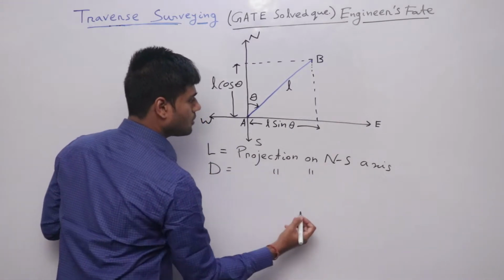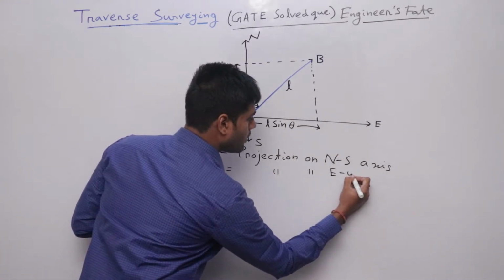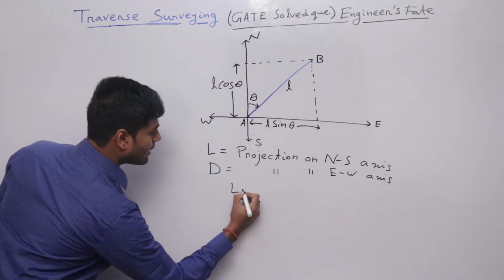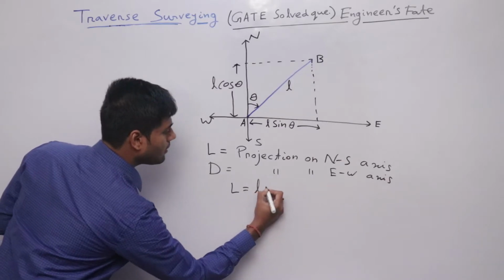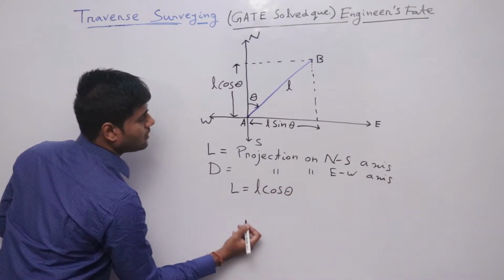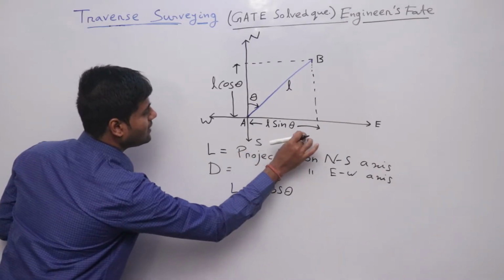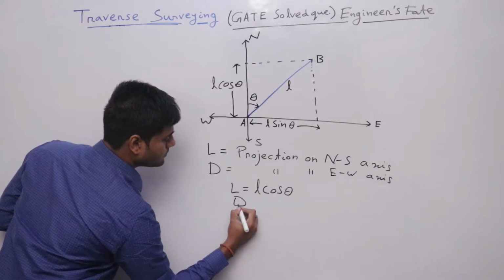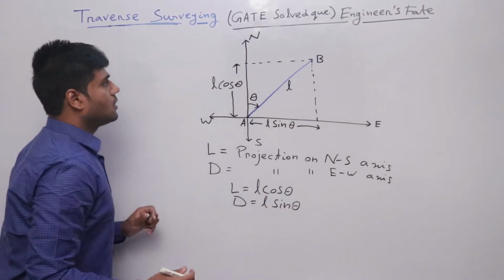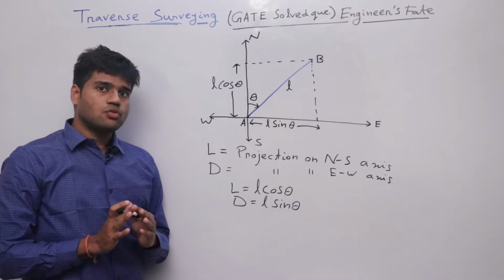Projection on the east west axis. Latitude equals L cos theta. And departure is this, L sin theta. Note down these two things.